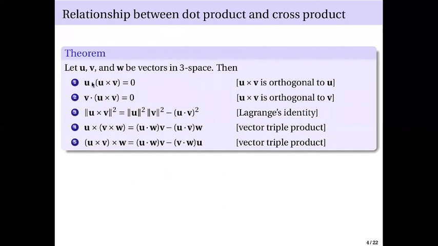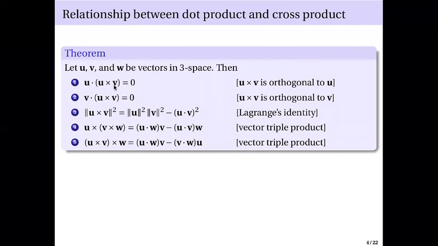U dot quantity U cross V is equal to 0. Since you have the parenthesis containing U cross V, you start with U cross V. After getting the U cross V, you dot it with the vector U. Take note, you have to apply the dot product on 2 vectors.